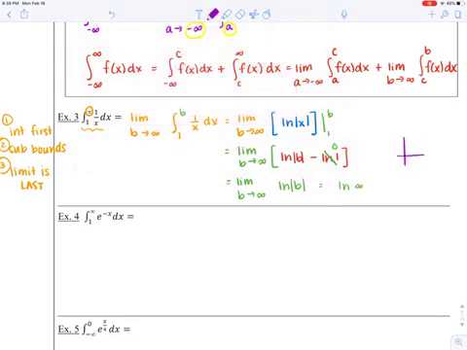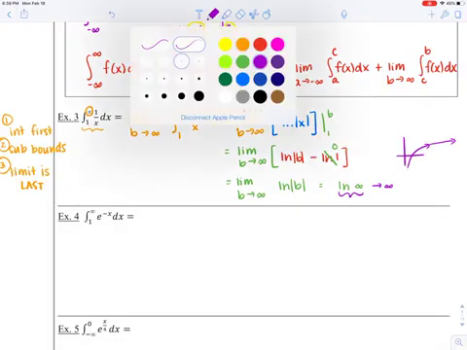Now remember that the graph of the natural log of x as I go towards infinity grows and grows and grows and grows ever so slowly. So this is going to infinity. So here is something that is an infinite limit. Now, a limit that goes to infinity does not exist. So this diverges. The area under this curve is divergent.